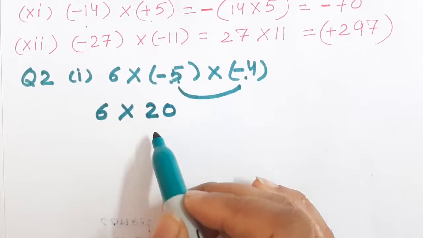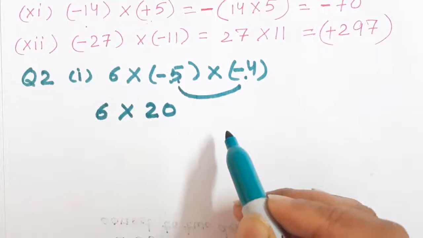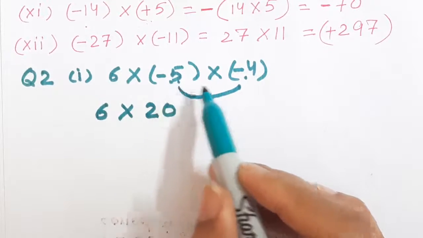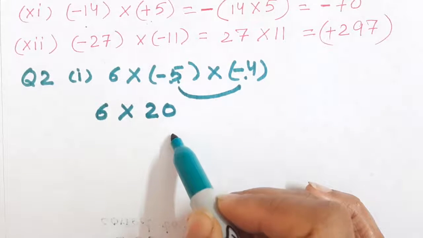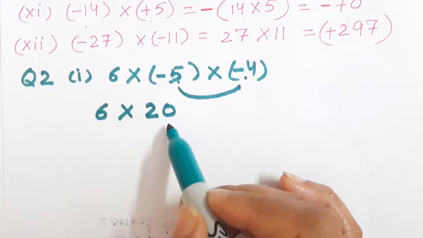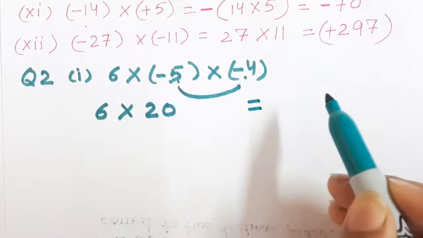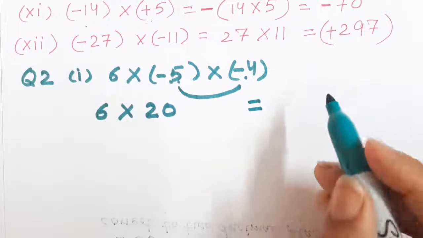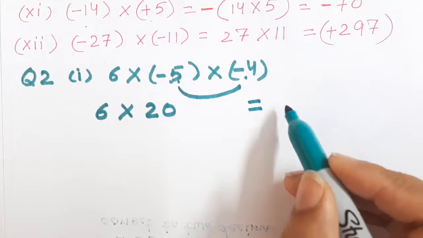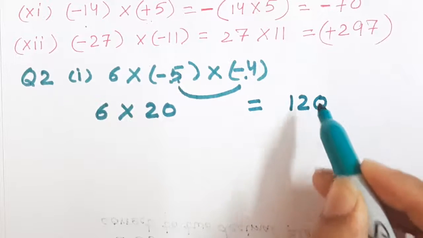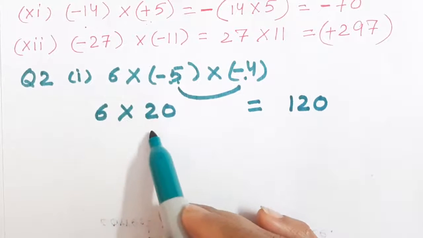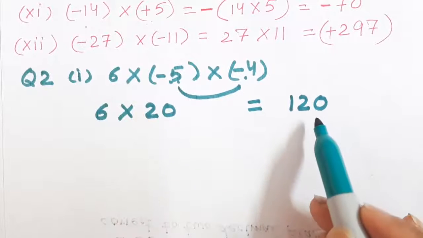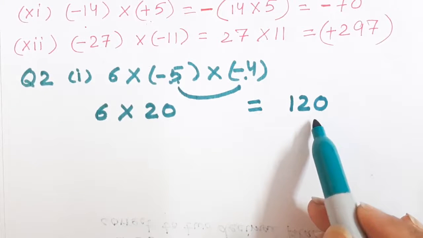And students, it is plus 20, that is positive 20. Why so? Because we know that multiplication of any two numbers with same sign is always positive. So now 6 multiplied by 20 is equal to how much? Yes, that is equal to 120, and that is of course positive. Again, multiplication of two numbers with same sign, the result is positive.